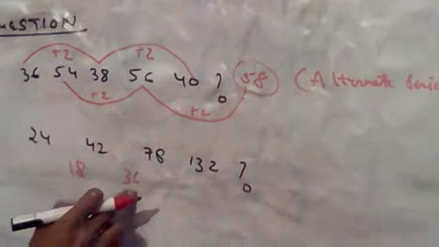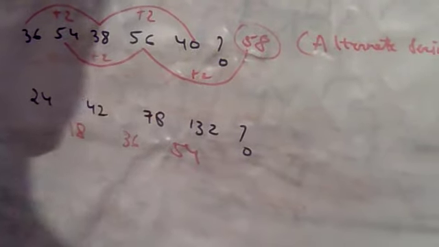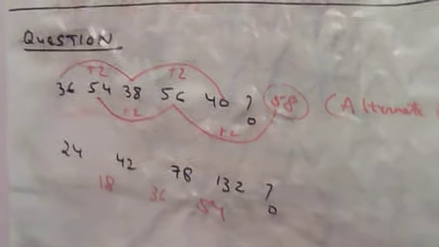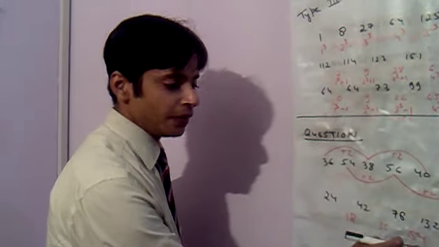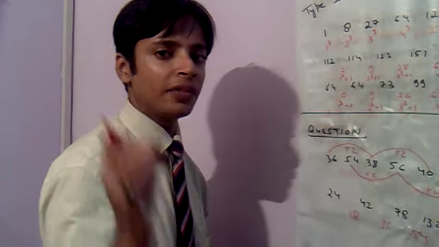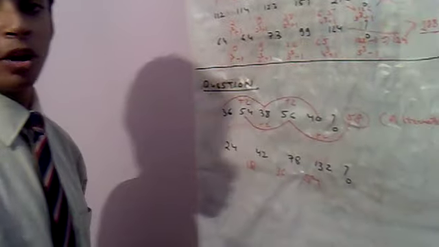Okay, so the first difference is 18, the second difference is 36, the third difference over here, when we subtract, we get 54. So friends, over here, this is something that is progressive. In 18's table, there is 18, 36, 54. As we have done in one of the questions in the earlier sessions, it was a table of 3.